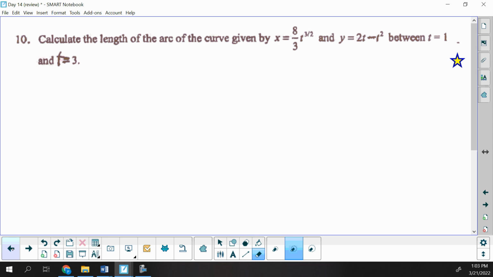So we want to find the length of our curve of this parametric. Well, first let's find dx/dt and dy/dt. Multiply the 3/2 out front, and you'll get 4t to the 1/2. For dy/dt, that's a 2t minus t squared, so we'll get 2 minus 2t.